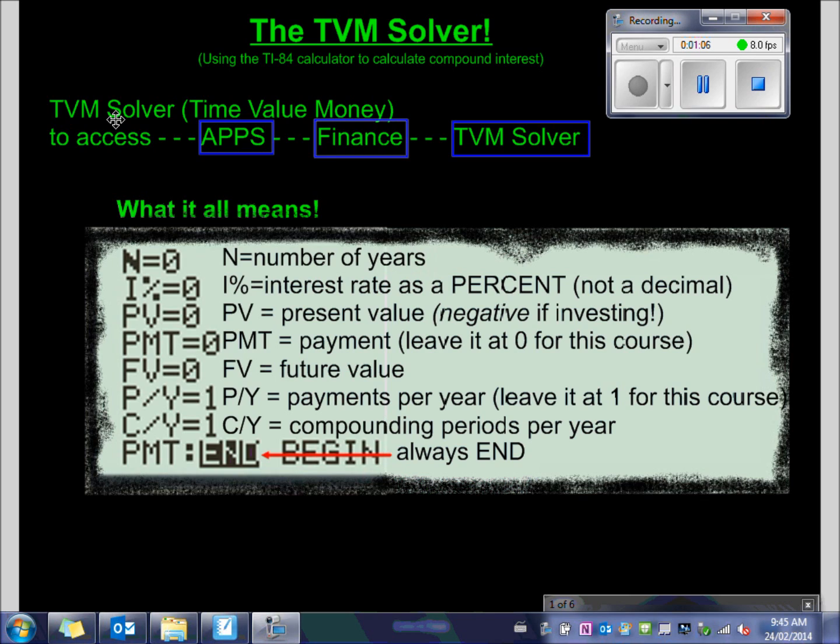Hit Finance, which is line number 1, and TVM Solver, which is also line number 1, and you should get this table here.